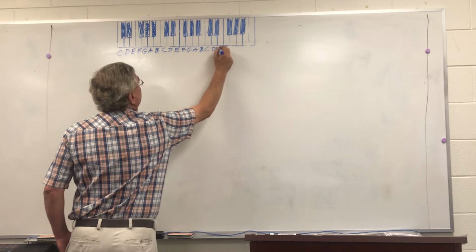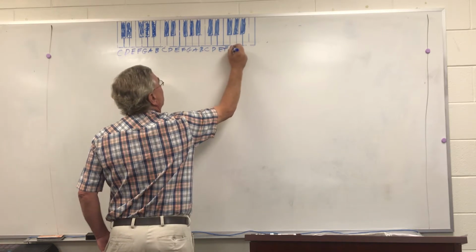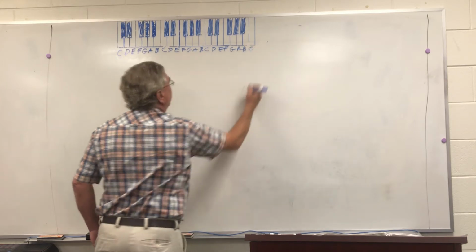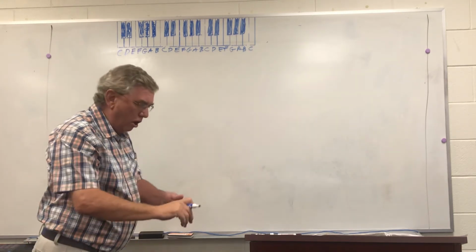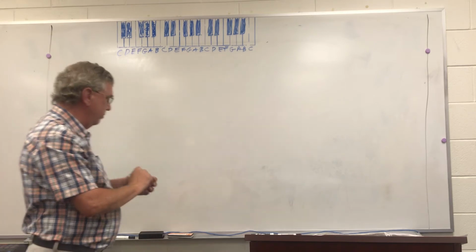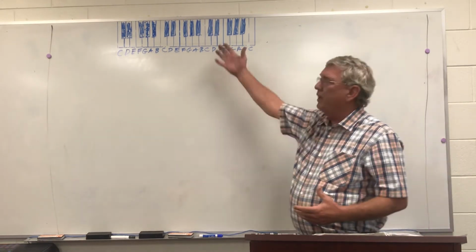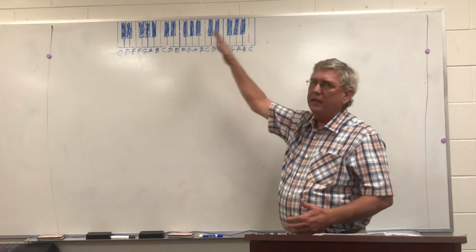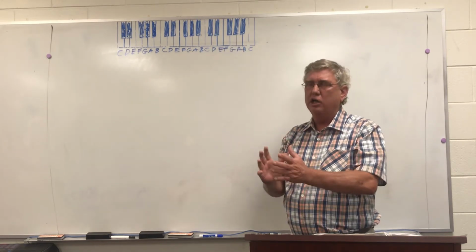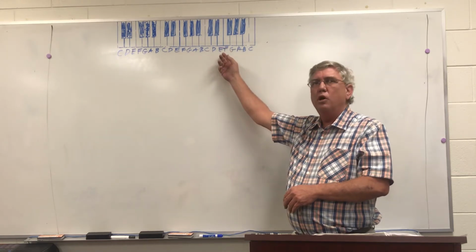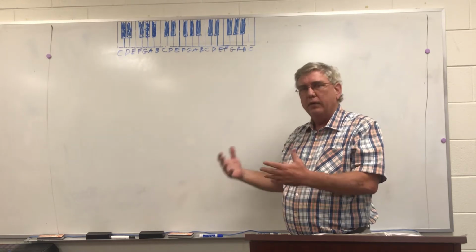It keeps going. I've drawn a partial keyboard, but it keeps continuing all the way up. So now we know the names of the keys on the piano. The black keys also have names, but I'm not going to go into that right now. But we need to be able to know which key on the keyboard to play.